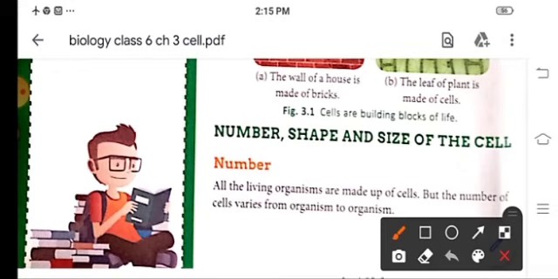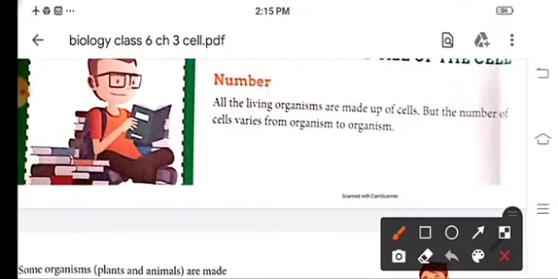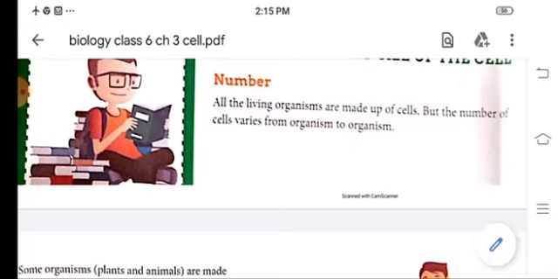Now, number, shape and size of the cell. Cells are of different shapes, cells are of different sizes, and there are different numbers in different organisms. All the organisms are made up of cells, but the number varies from organism to organism.